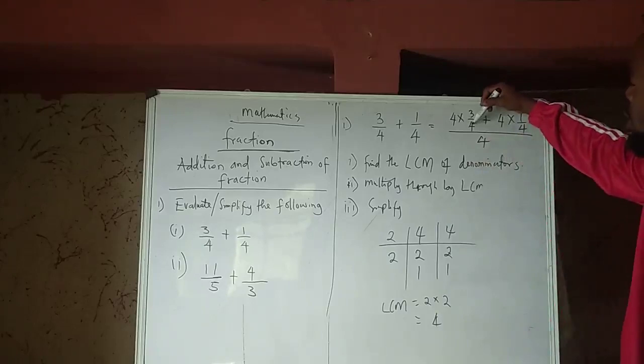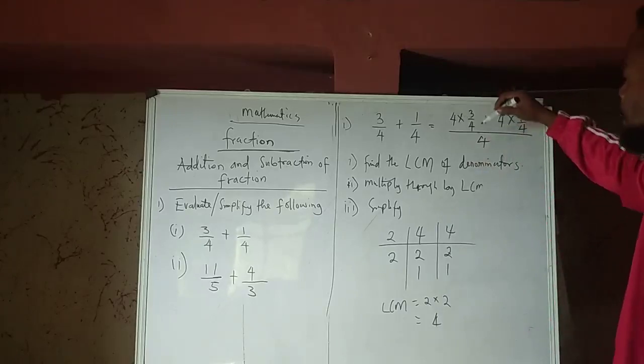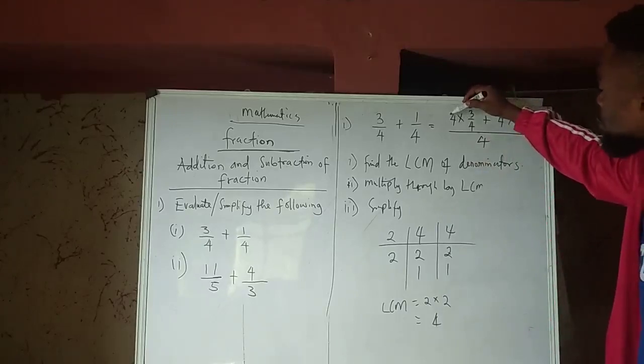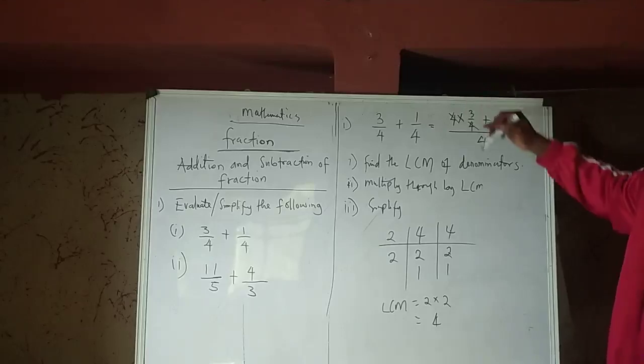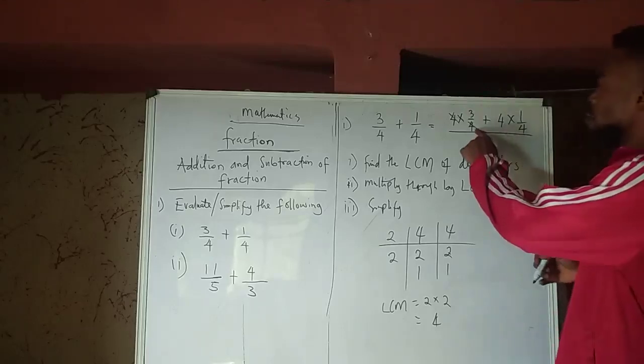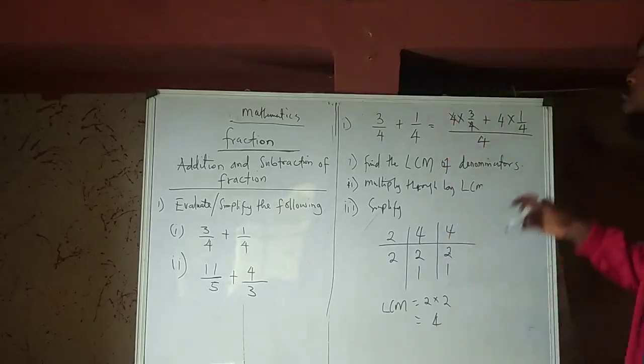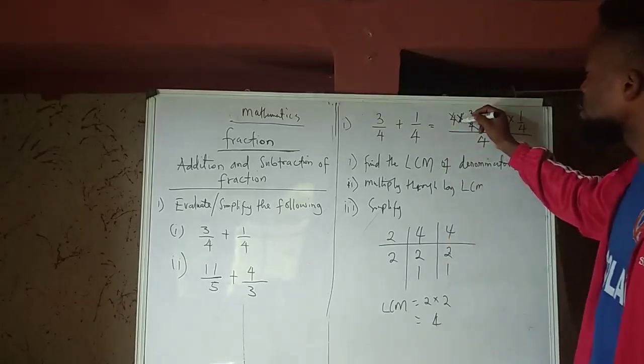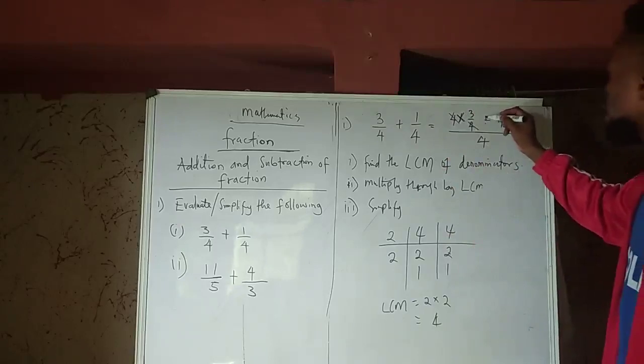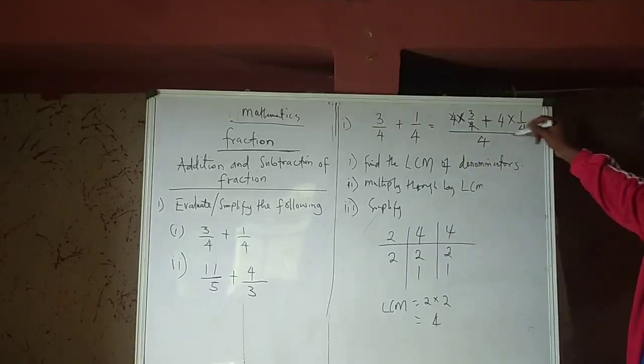Now if you look at this expression here, this value 4 can cancel 4, right? Because 4 can be divided by 4 and this 4 can be divided by 4. Remember, that is only done because we have multiplication here. Okay, then the same thing goes to this other part. 4 can cancel 4 here.